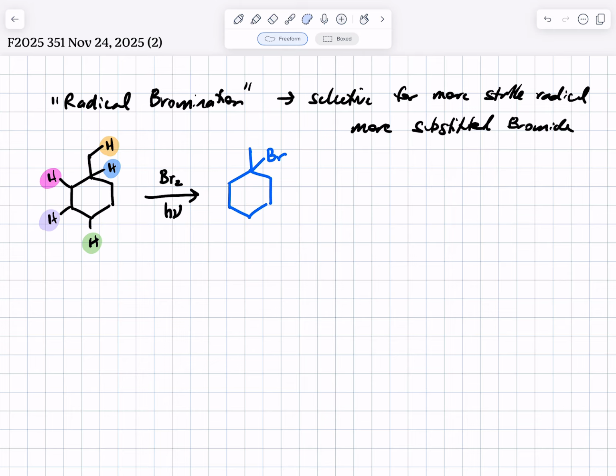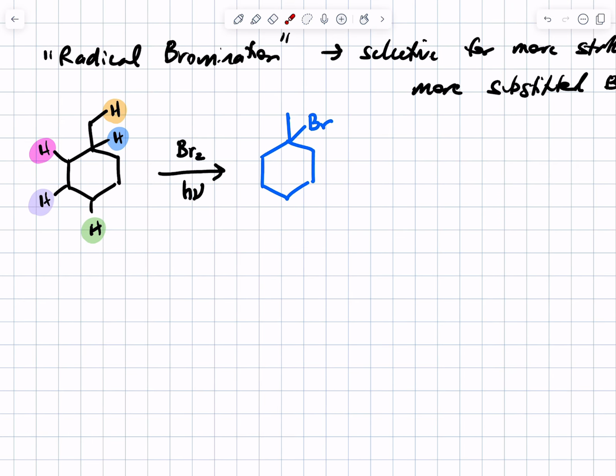Here's what we got to last time. We had talked about radical bromination, and I had mentioned that it was selective for forming the more substituted bromide, and that is because you go through a more stable radical intermediate.